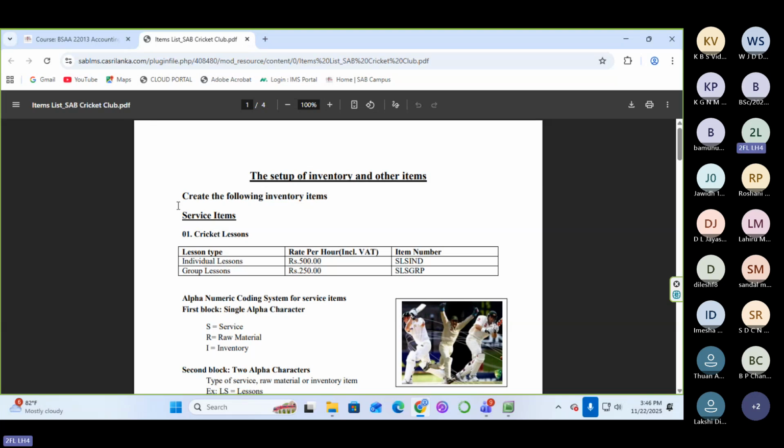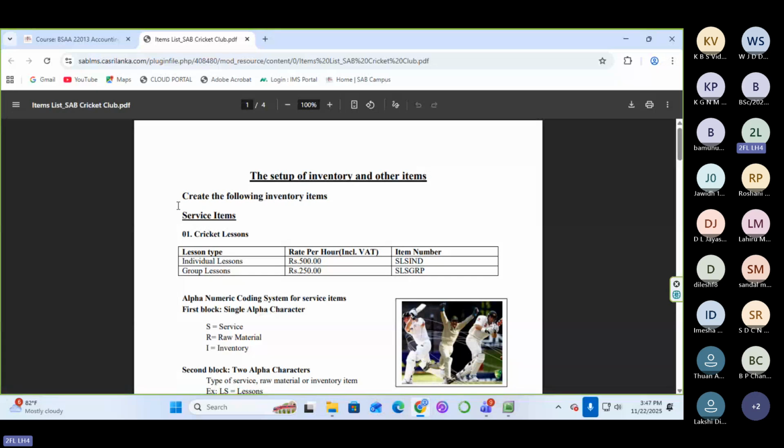Therefore, the first two services we are going to create are lessons. You can see lesson type: one is individual lesson, the other is group lessons. If you are rich enough, you can take an individual lesson. Want more practice, you can individually go and learn the lesson. But we are going as a group.